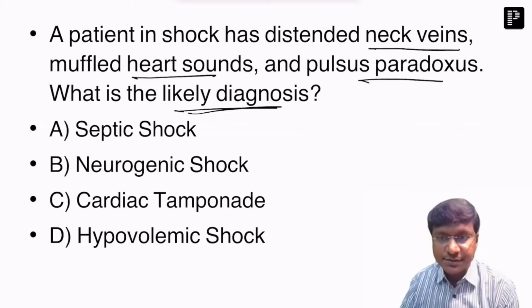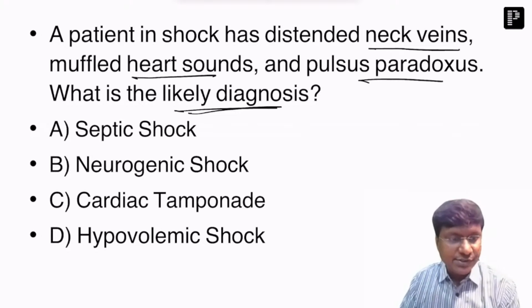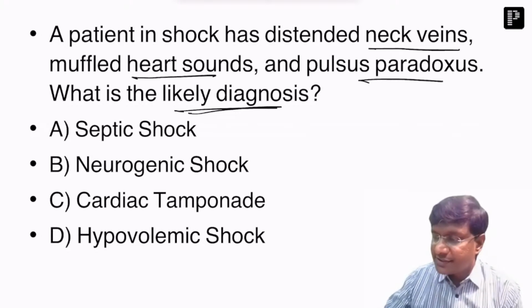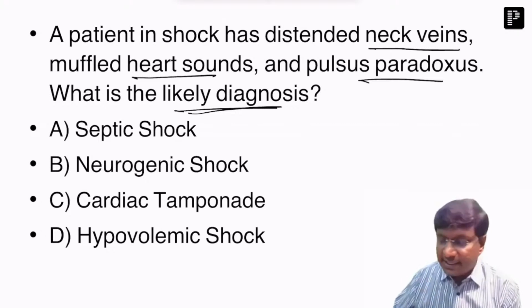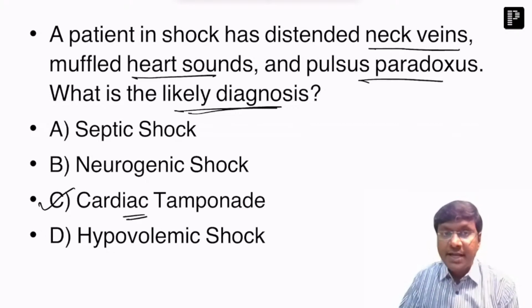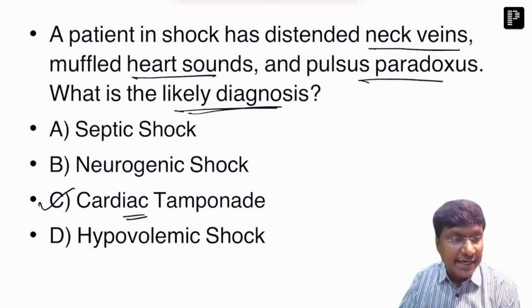What is the likely cause? So the answer here: distended neck veins, muffled heart sounds, and pulsus paradoxus. These three are the characteristic features of cardiac tamponade.